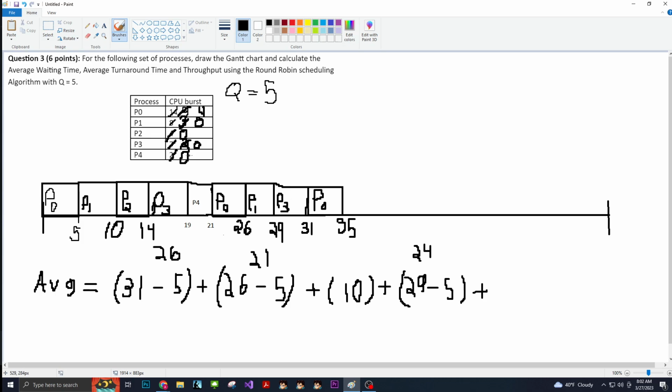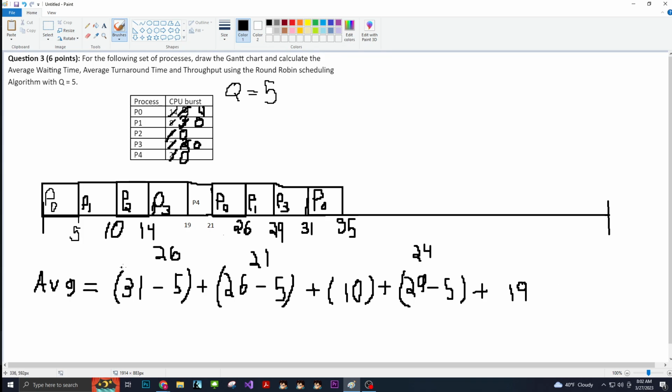P4 was able to finish easily, so wherever P4 started, so that's 19, I believe. So 31 minus 7, so... All right, we're just gonna keep going with this.